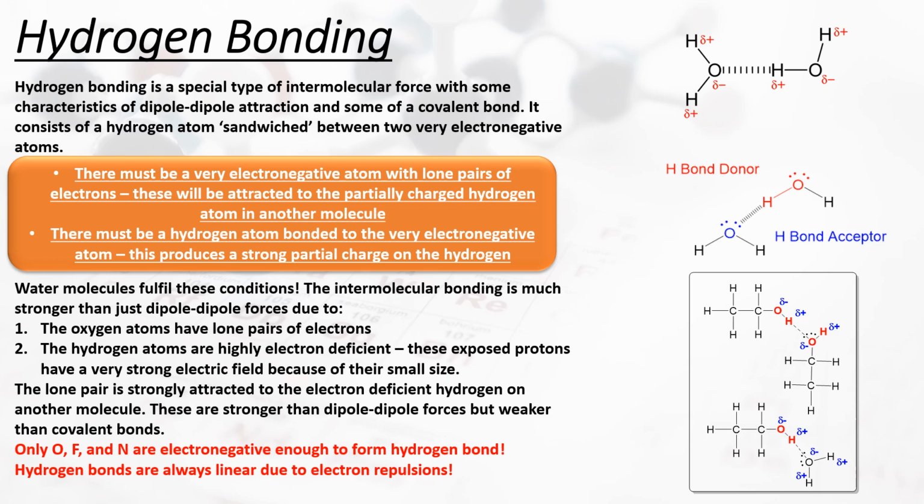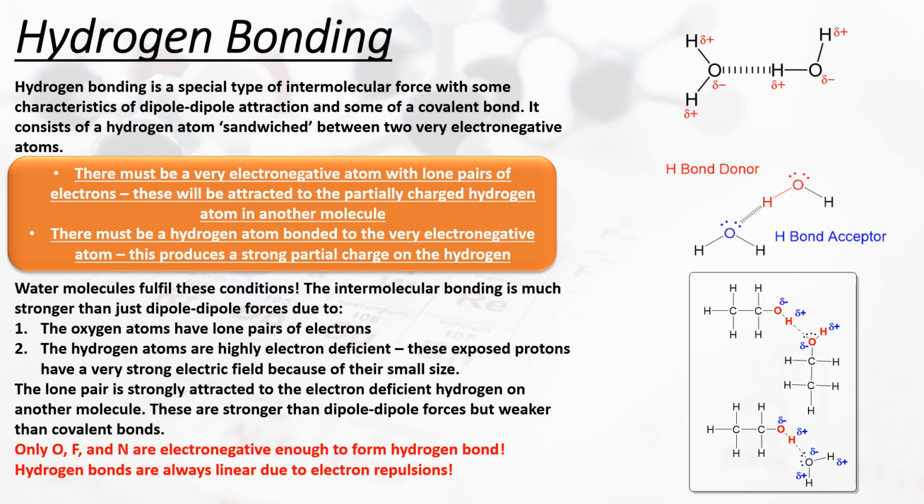Water molecules are an example of something that fulfills these conditions. You can see at the top, two pictures with our water molecules. The intermolecular force that acts between these, remember it's not really a bond, it's actually just a force that acts between the molecules, is much stronger than just the dipole-dipole forces that we've seen. The reason for this is because our oxygen atoms have lone pairs of electrons.